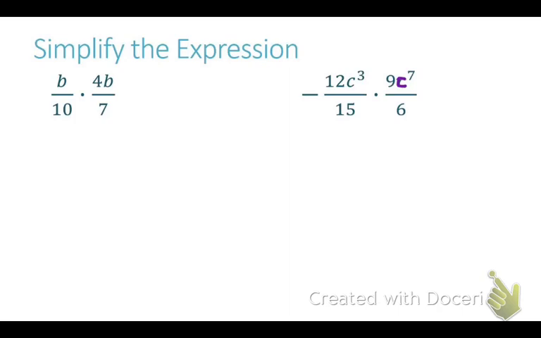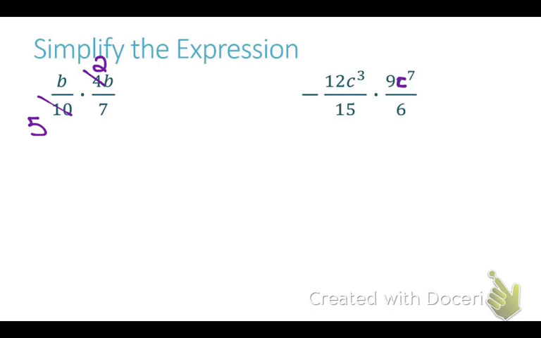So 4b and 10, I can cross-reduce the 4 and the 10 to 2 and 5. When you multiply b times 2b, what would you get?